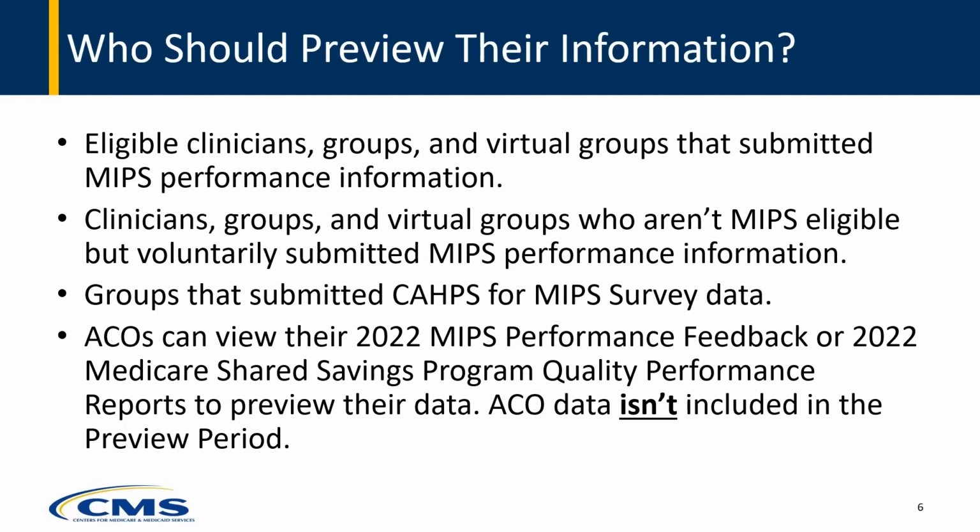And groups that submitted Consumer Assessment of Healthcare Providers and Systems, or CAHPS, for MIPS survey data. ACOs can view their 2022 MIPS performance feedback or 2022 Medicare Shared Savings Program quality performance reports to preview their data. ACO data isn't included in the preview period.